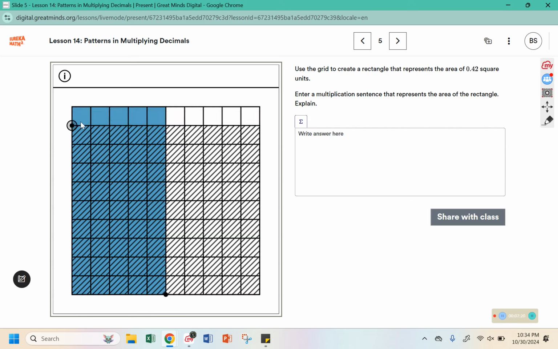I would have 9 in each row, 9, 18, 27, 36, 45. Now I have 8 in each row, 8, 16, 24, 32, 40, 48.